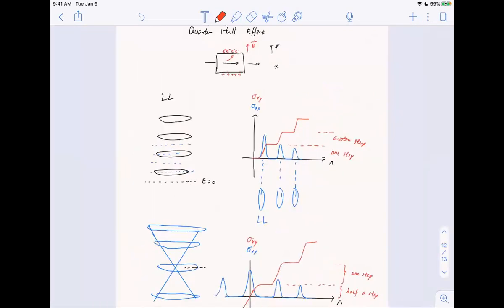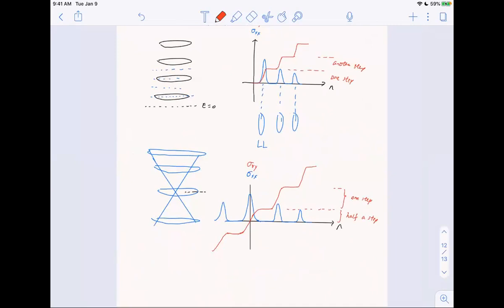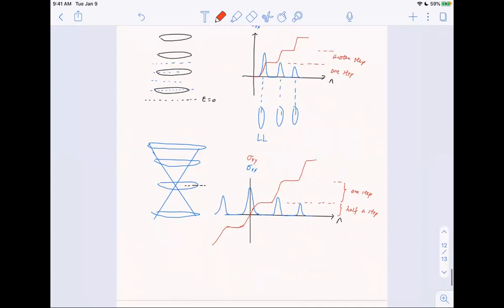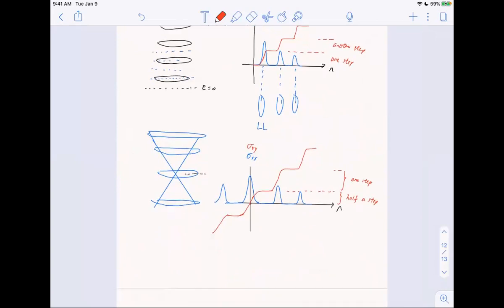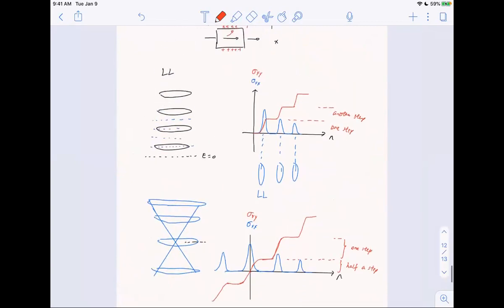If you compare, the main difference is that at the beginning, you're already on the plateau. Then you take one step, you have another step, you have another step. But for the Dirac fermion, you start in the middle of your step. You take half a step, you go to a plateau, and then you have another one. Conventionally, people call this the integer quantum Hall effect, mainly because you just have 1, 2, 3, something like that.